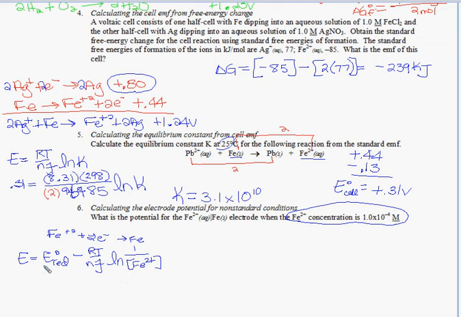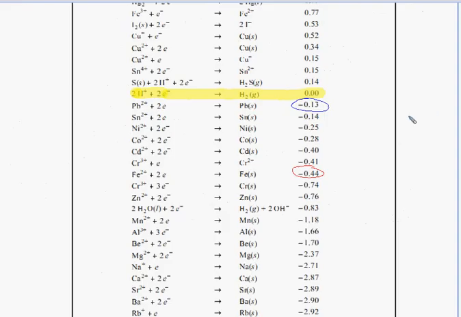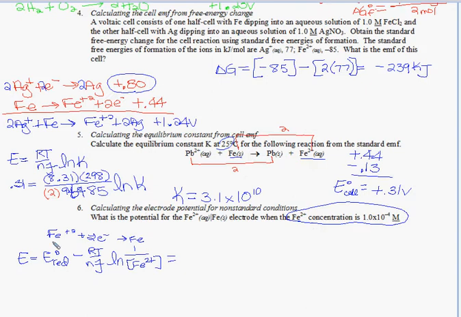So as we take a look at this then, we're going to go ahead and first utilize our reduction table. So find your reduction table. And again, with that reduction table, we're using the iron 2 with the iron. And since we're going in the reduction, we are in fact going with a negative 0.44. So this value is going to be a negative 0.44 because it is reduction.